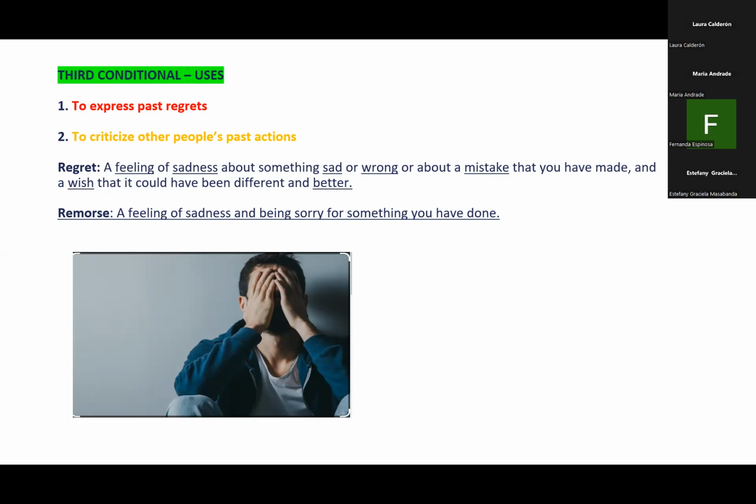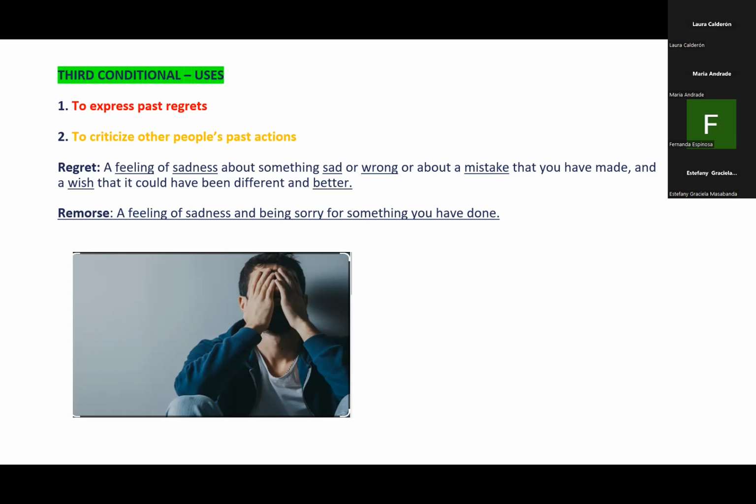Okay, regret: a feeling of sadness about something sad or wrong, or about a mistake that you have made, and a wish that it could have been different and better. And the next one, remorse: a feeling of sadness and being sorry for something you have done. Okay, thank you.